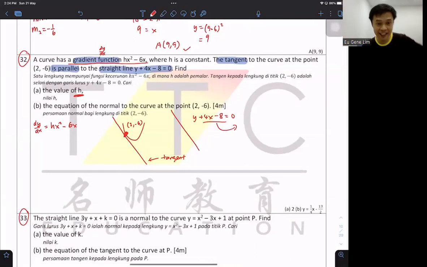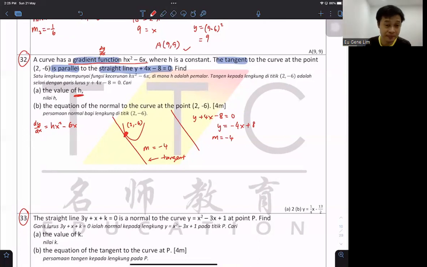Bring over to the other side, so y equals negative 4x plus 8. So the gradient is negative 4. The gradient of the other line is negative 4, so the gradient of the tangent is also negative 4, because they are parallel.